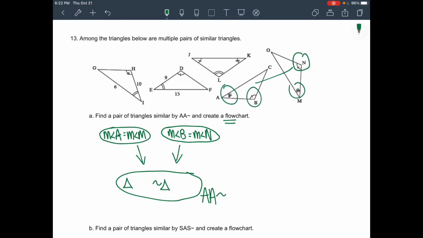So then we are going to match things up. The first triangle, it doesn't matter what you write for your similarity statement, so I'm just going to pick an order, A, B, C. And then the second triangle has to follow the order of the first. So A has to go with M, so that's first. B has to go with N, so that's second. The reason I'm saying they have to go together is because they correspond to each other.